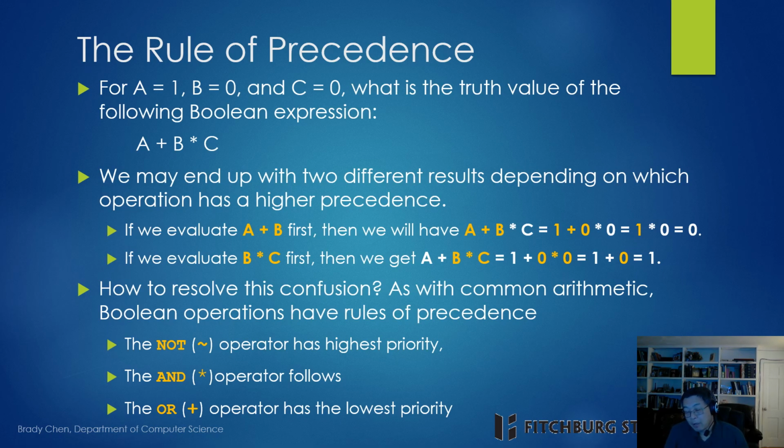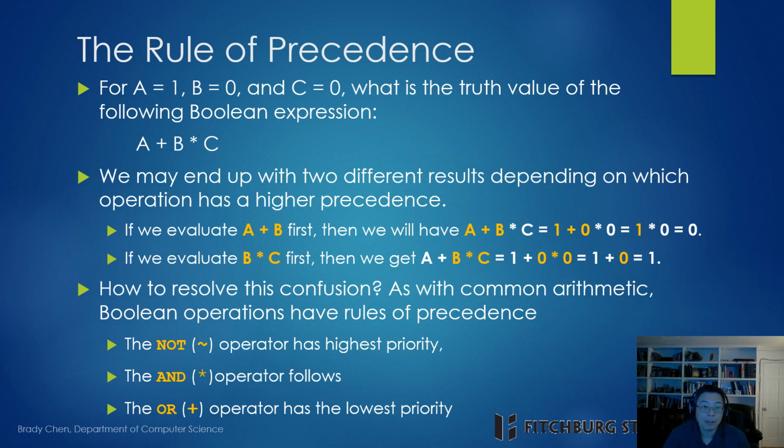So now with the three operations, one is the asterisk, representing AND, one is the plus, representing OR, and the tilde representing negation, we need to define the rule of precedence. In module 1, we introduced the four operations, but we did not really talk much about the rule of precedence.